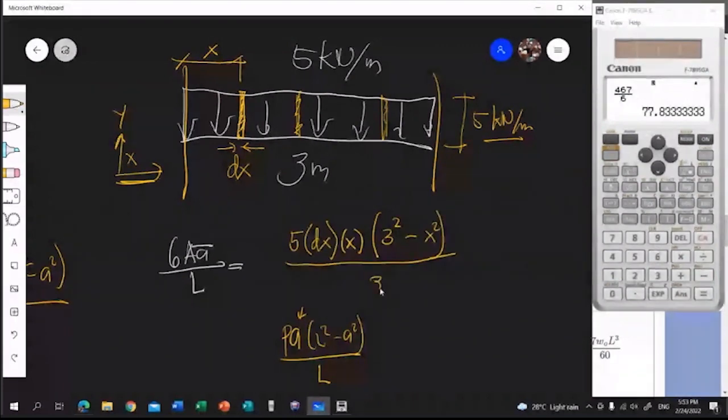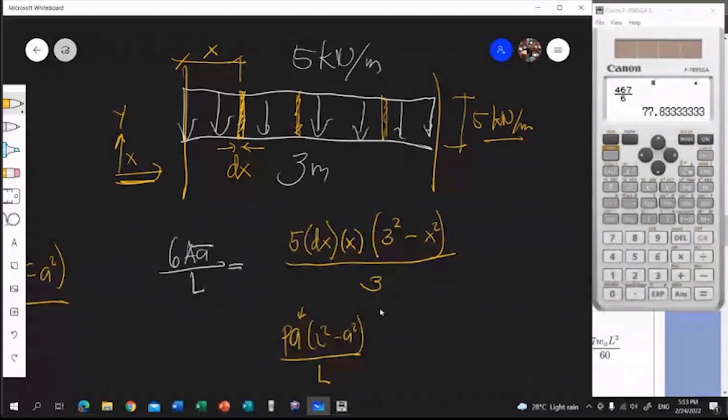Of course, the load acts over a span of 3, from 0 to 3.